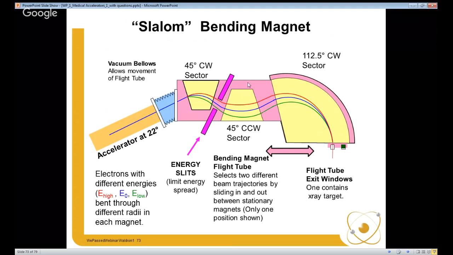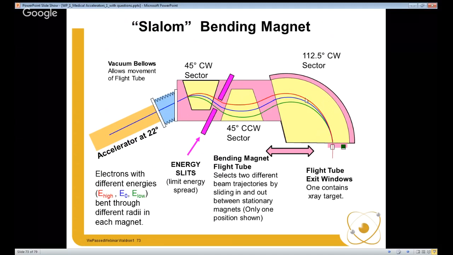We're doing the same thing. We're spreading the beam out, chopping off the unwanted portions, and then refocusing the beam. On the Elekta system, this entire affair moves in and out to achieve high and low photons and electrons, to select different exit points, a target versus a window.